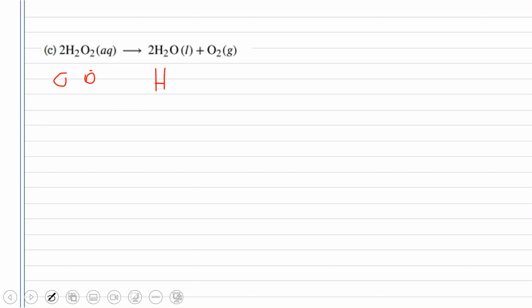So in this type, we're going to see oxygen undergo oxidation, and oxygen also undergo reduction. We're going to see it together. Oxygen appears here and at the same time oxygen again here. That's the unique thing we're going to look at.